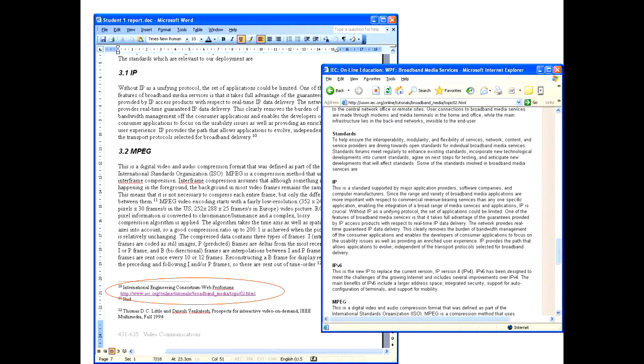But if you go to reference 10, you'll see that text appears verbatim up there. They have provided the reference from which they obtained it. So, is that plagiarism?